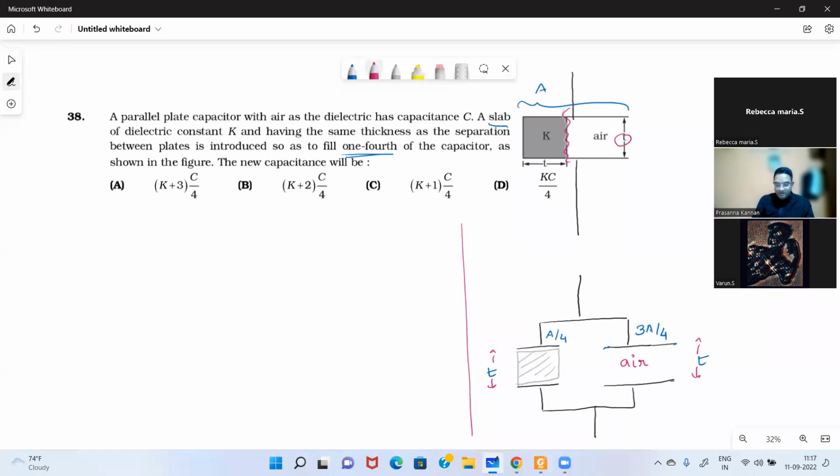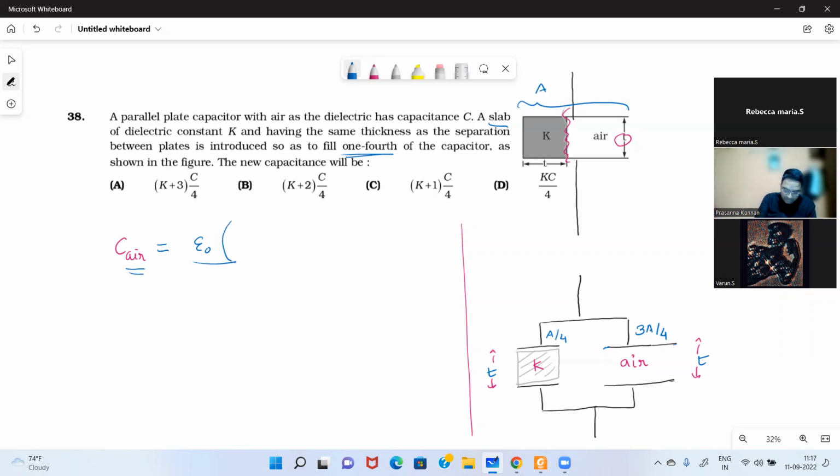So can you tell me the capacitance of the air plate capacitor? What is the formula for a simple air-filled capacitor? Epsilon naught A by D, right? But what is A here? For the air capacitor, it is 3A by 4.